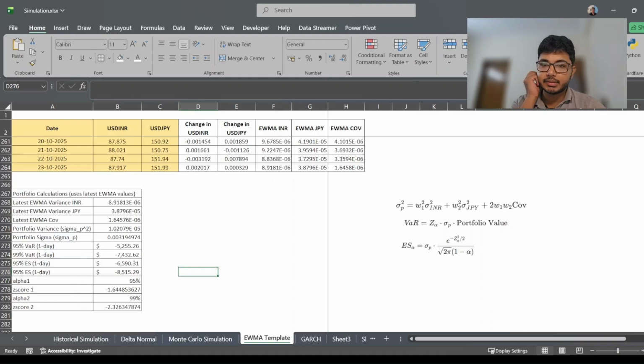But there are some shortfalls as well, which include it cannot capture volatility clustering, it cannot generate fat tails, and there is no mean reversion here. So it is used in banks for calculating daily market risk, value at risk, stress testing, initial margin forecasting, and intraday risk monitoring.